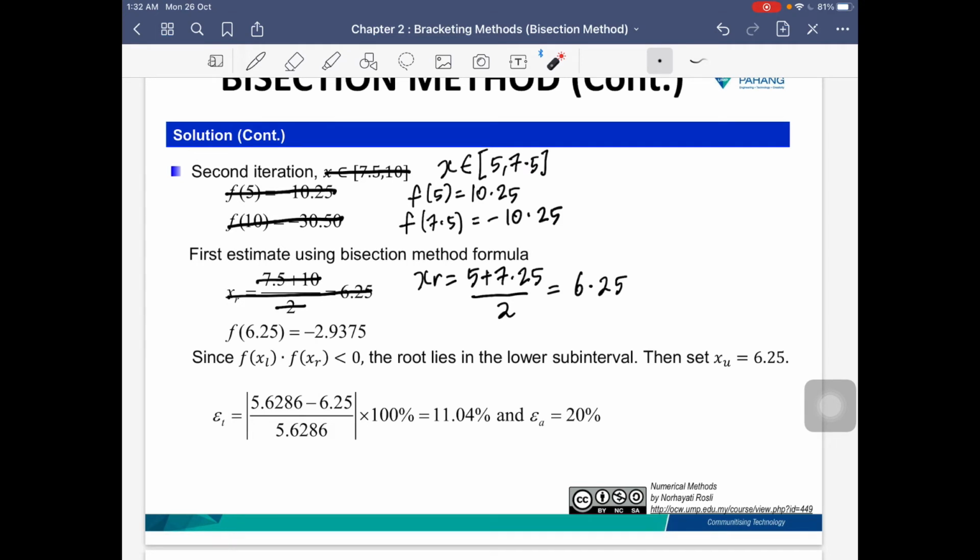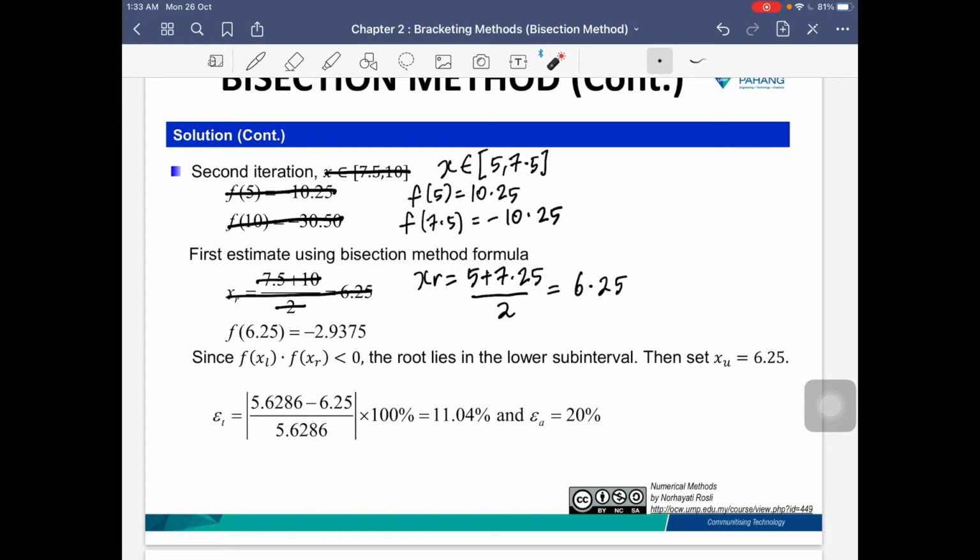Next we continue with the second iteration. Please make a correction in your slide, because I found that there are mistakes here. In the second iteration, x is now bounded between 5 and 7.5, because now we have our new upper value. Then we continue to estimate x_r by using the bisection method formula.